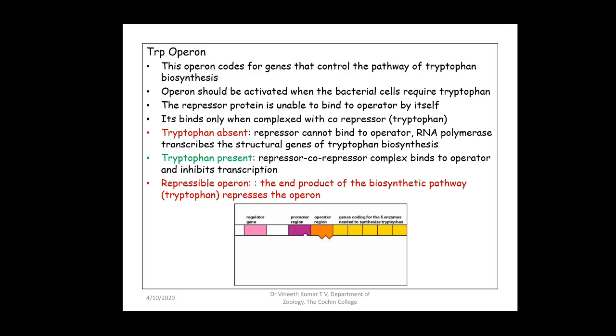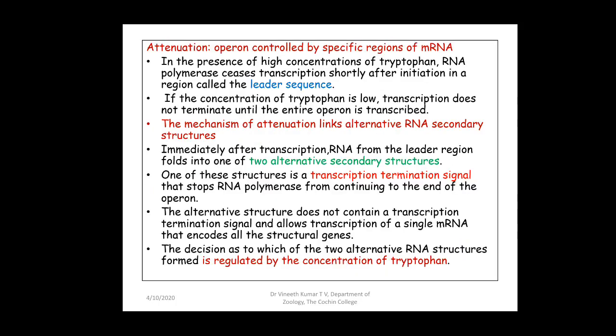So this is how the tryptophan operon works. As we said, in the lac operon there was a positive inducer, cAMP, and also glucose, which showed something called the glucose effect. Here in the tryptophan operon, we have something different. This is an additional regulation in the tryptophan operon, and that is called attenuation.